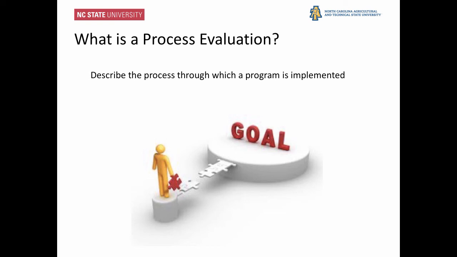If the program achieves a high rate of success, it's desirable to replicate the service, and information about clients, staffing, and activities is needed. In this case, you might conduct a process evaluation and share your process information with others. Process evaluation also helps you determine whether program activities have been implemented as intended.